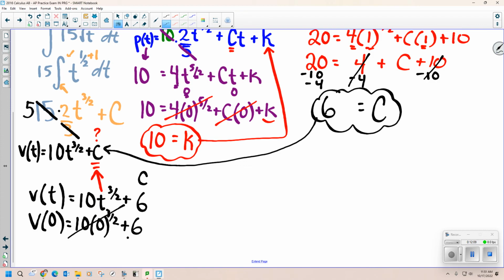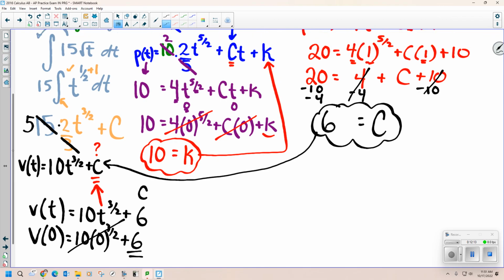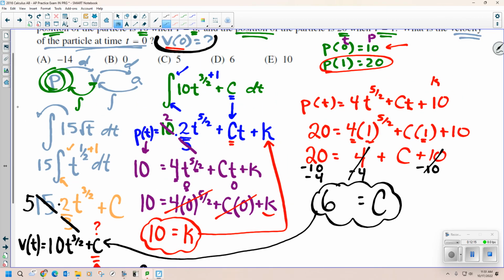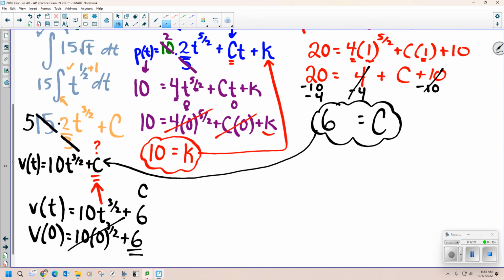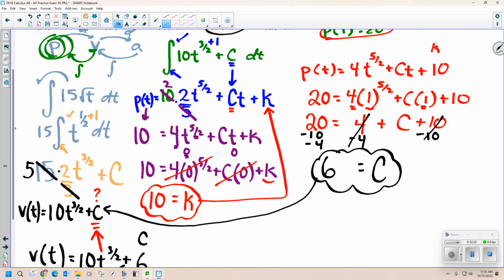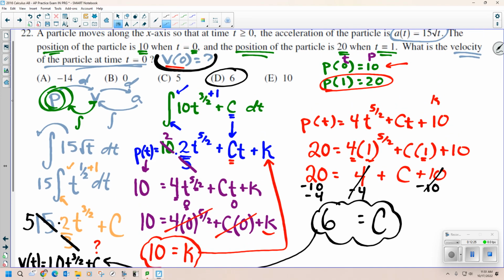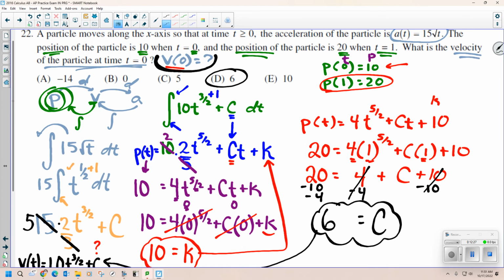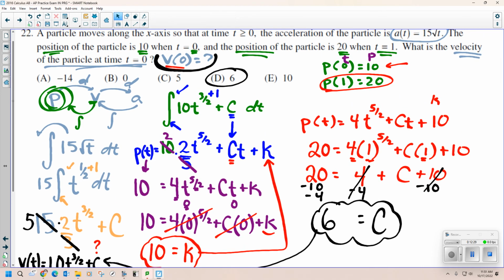V of 0 is 6. That was a lot of work. The algebra was easy. Take your time, go through there, and make sure you do it right, because it is very, very doable if you set it up right. Trust yourself.